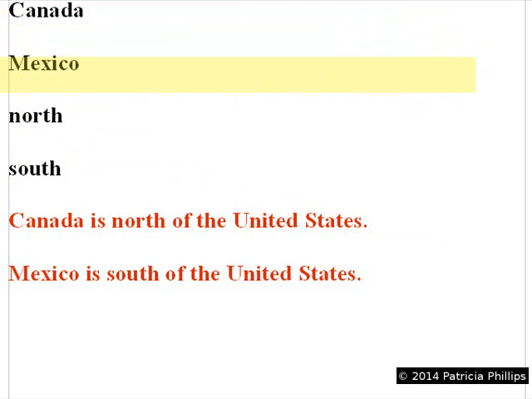Canada. Mexico. North. South. And let's use these new words in a sentence. Canada is north of the United States. Mexico is south of the United States. Great job.